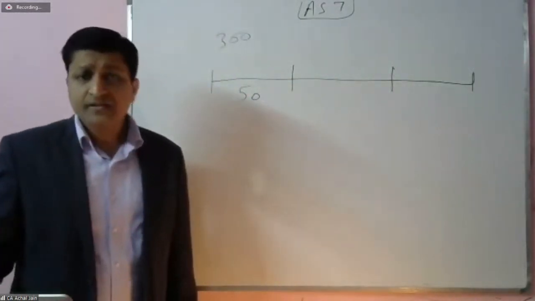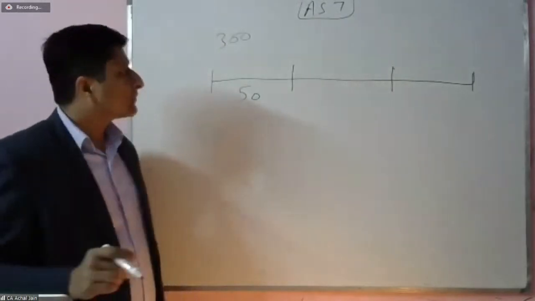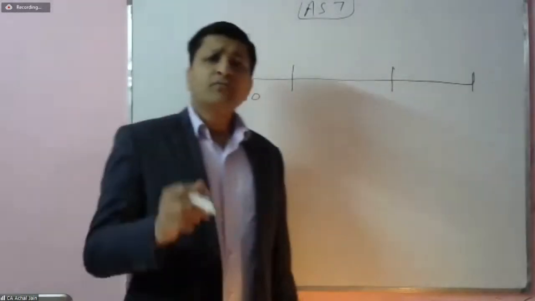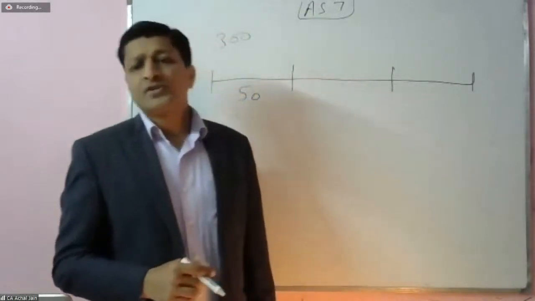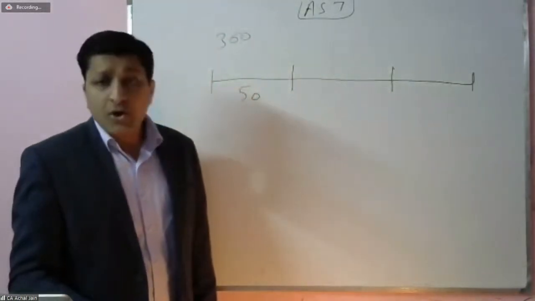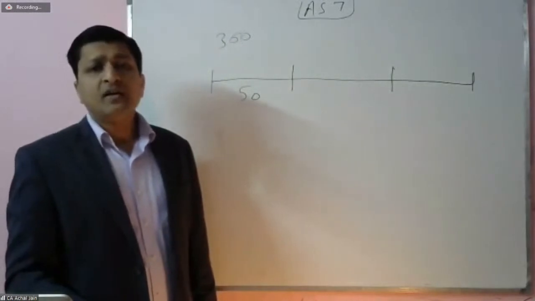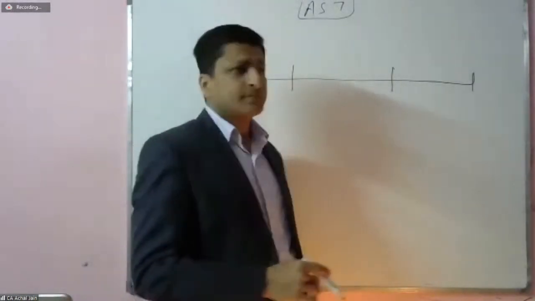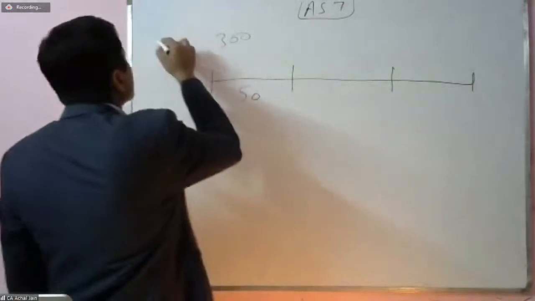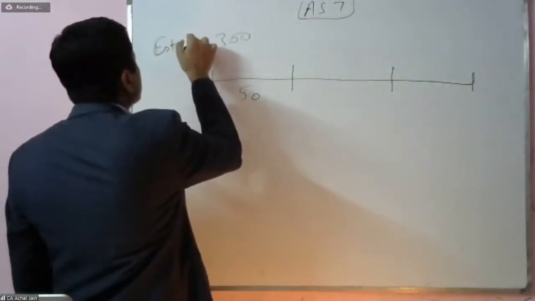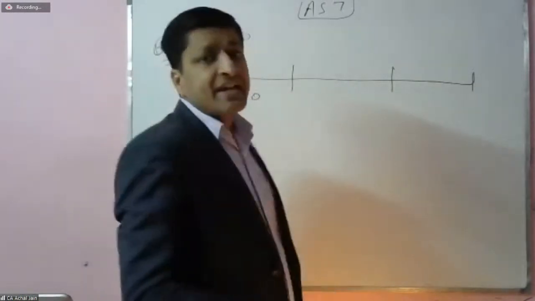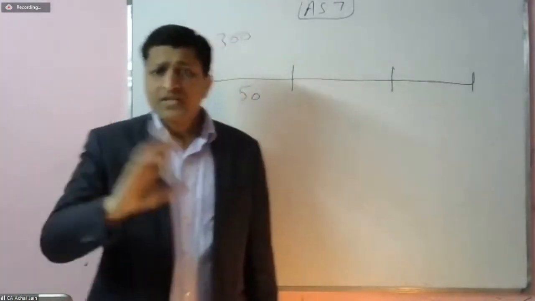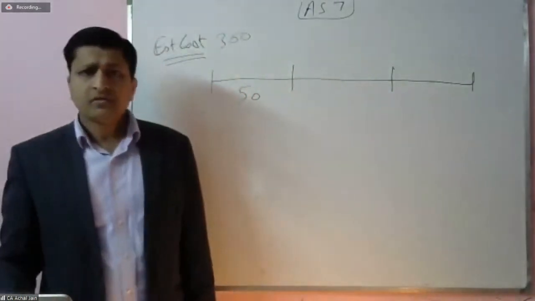Now in this case, one of the most important aspects related to this contract accounting happens to be the estimated cost. This 300 is what? This 300 is an estimate. This is not the actual cost. Yes or no?